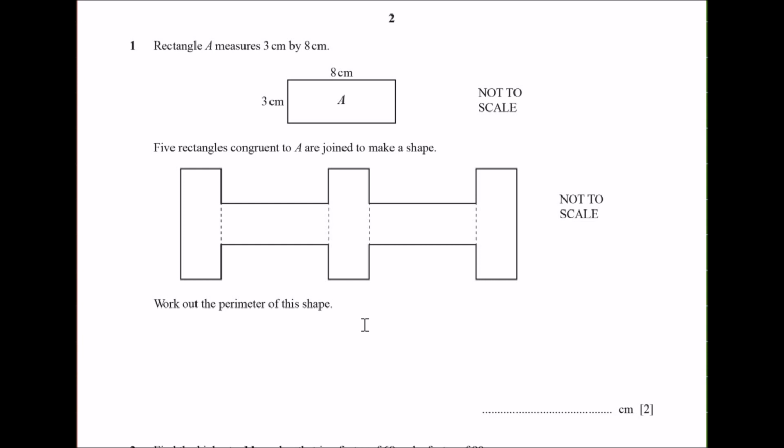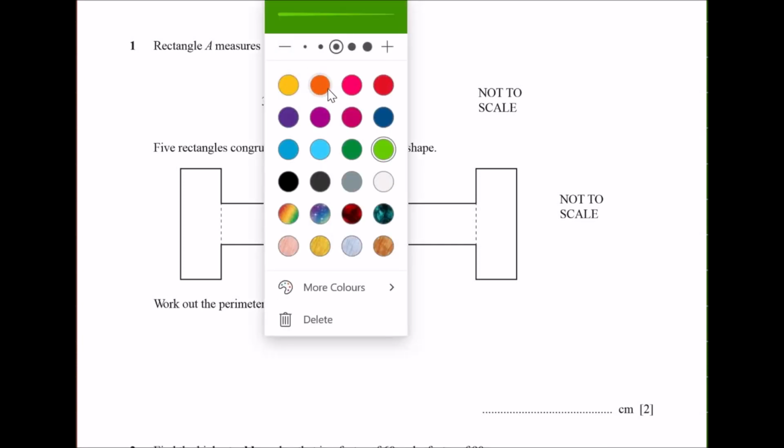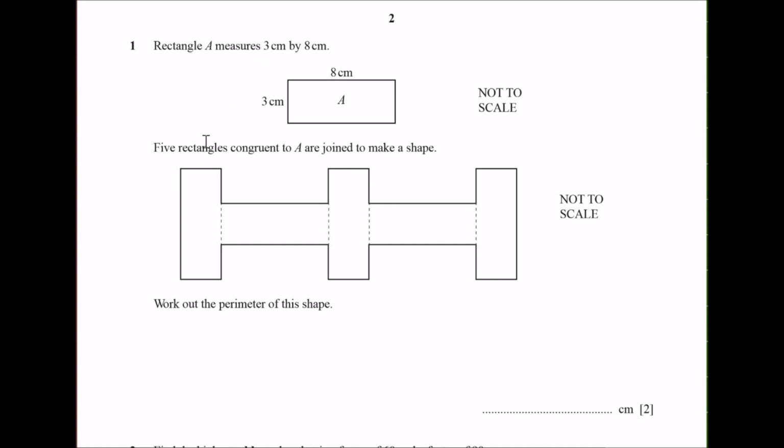So let me show you one by one. As you can see, this width is 3 centimeter.